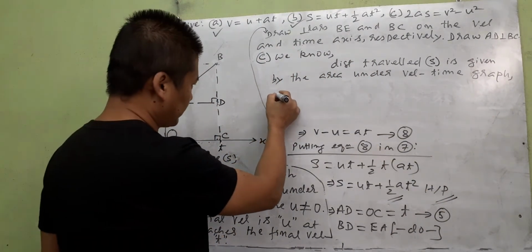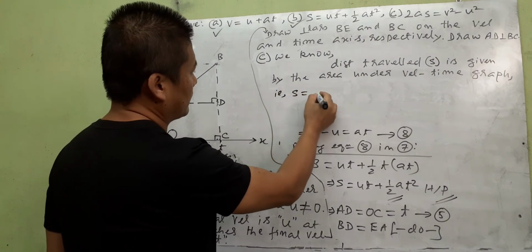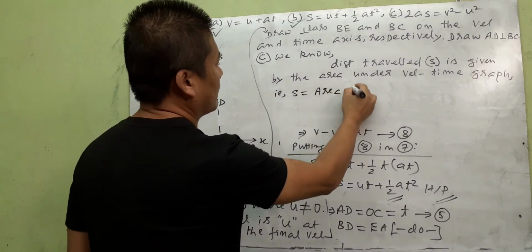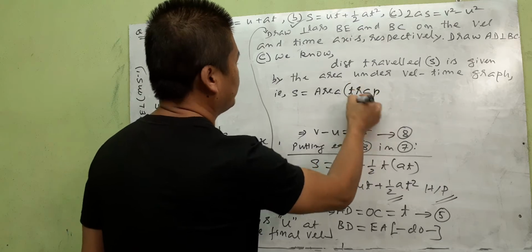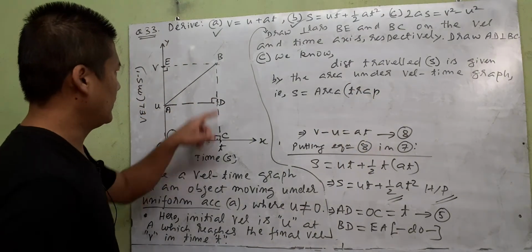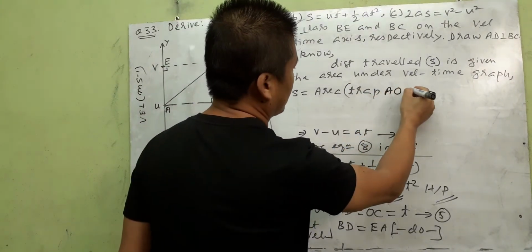So here S will be equal to the area of trapezium AOCB, again, just like we did for B.